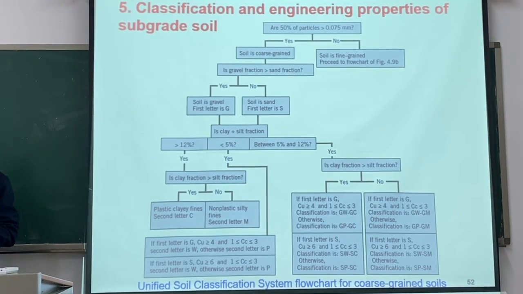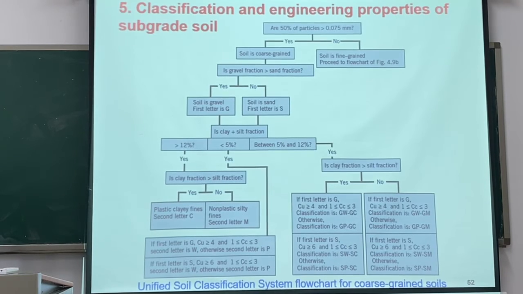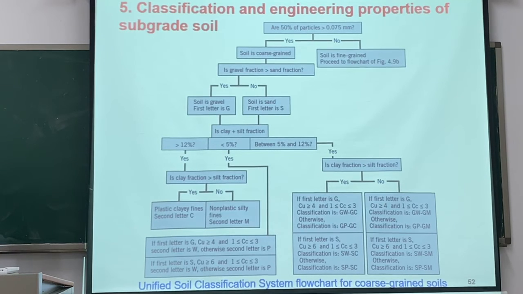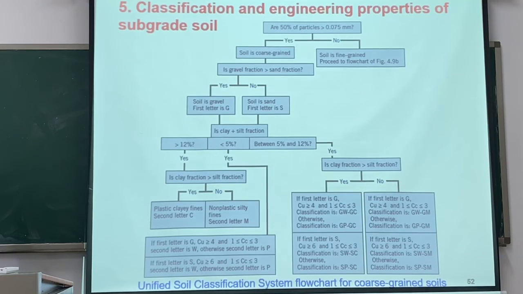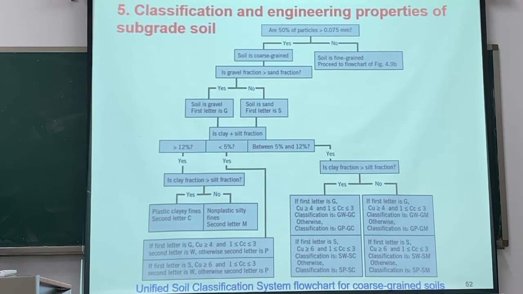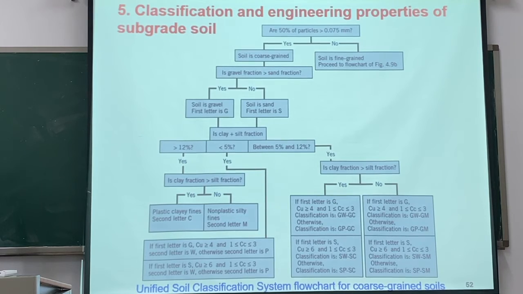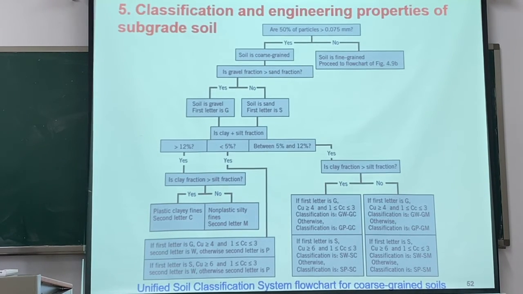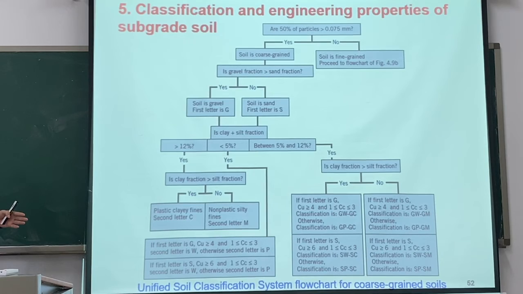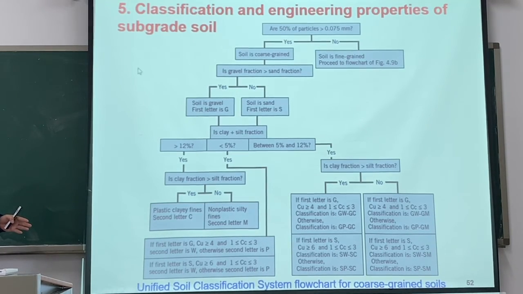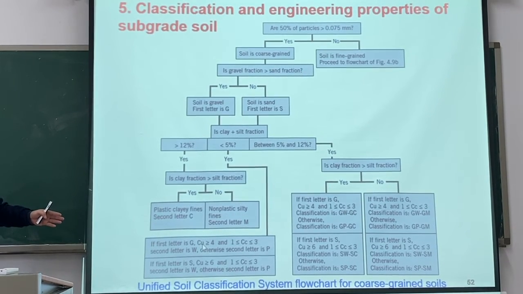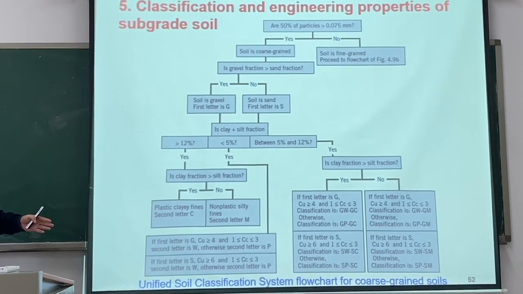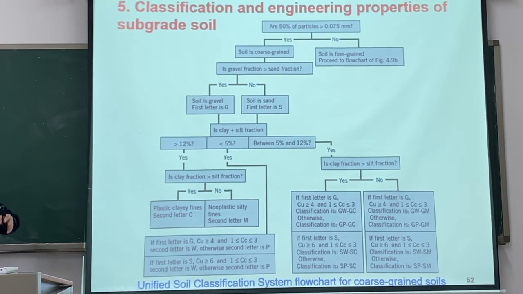So we continue from one stage to another according to the particle size. When we determine that it belongs to clay or silt, we can determine the Cu and Cc to decide whether it is well graded or poorly graded.